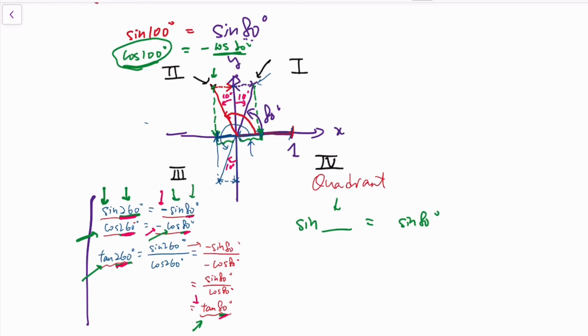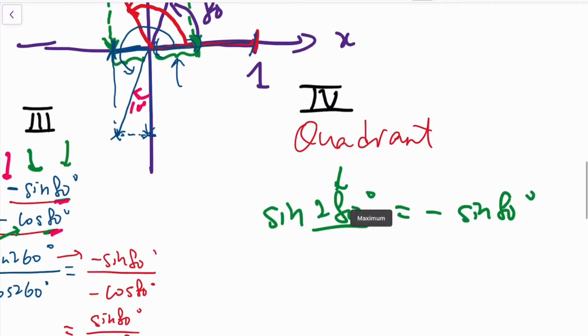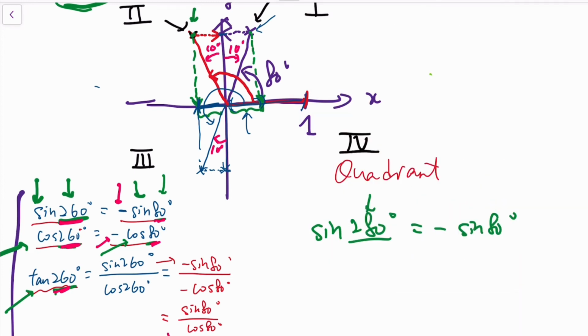It happens the answer is 280, and the bonus would be knowing that sine 280 is actually negative sine 80. First things first, why is it 280? The answer is because we want a line that is also 10 degrees away from the negative y-axis.